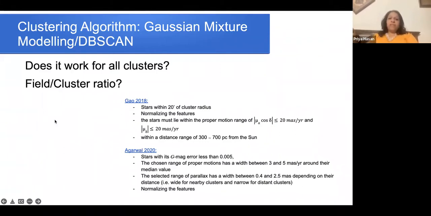But the crucial part in Gaussian mixture modeling is the field to cluster ratio, because if you have too many field stars, then you would obviously not be able to see the Gaussian which is making up the cluster. And therefore, it is better to slightly clean your data. If you see in both these papers, the data set was cleaned before they ran the Gaussian mixture modeling so that you do not have too many field stars in your sample.